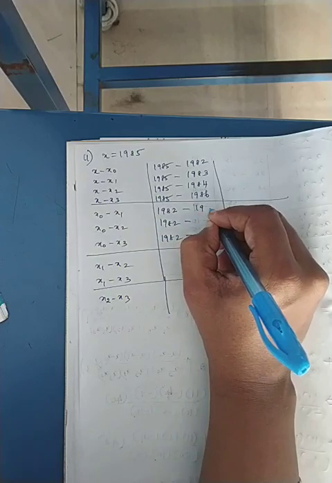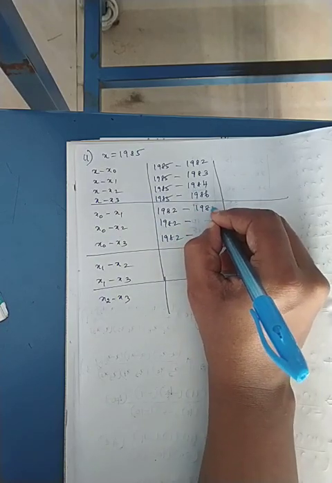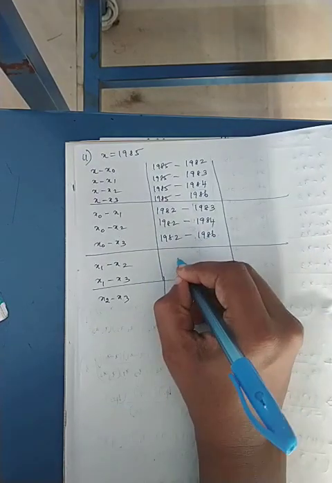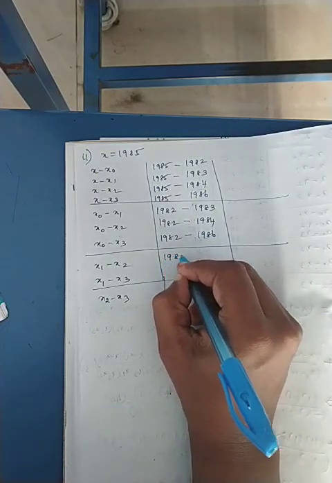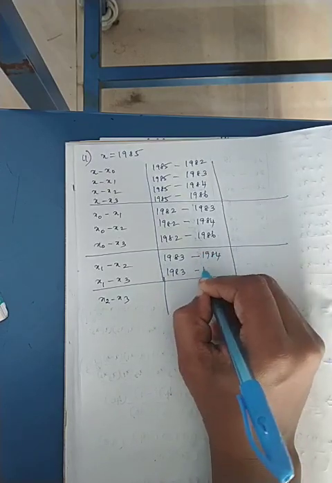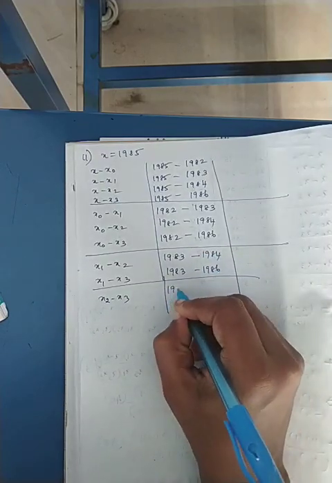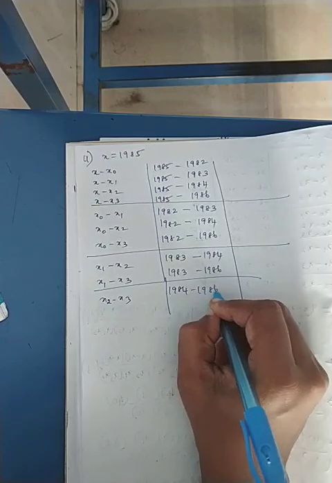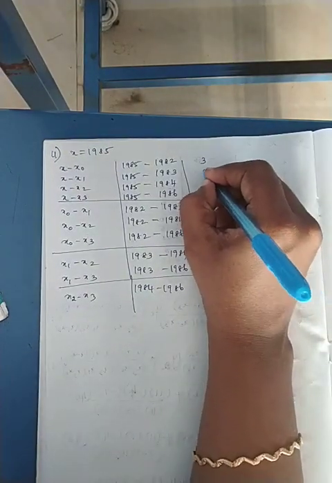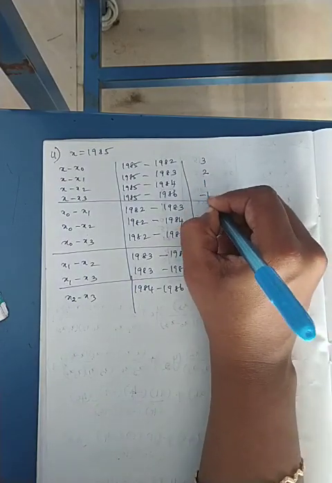It is 1983, 1984, then 1986. What is my x1? It will be 1983 here. So minus 1984 and minus 1986. This is 1984 minus 1986. When I subtract, I can find out the values as 3, 2, 1 and minus 1.